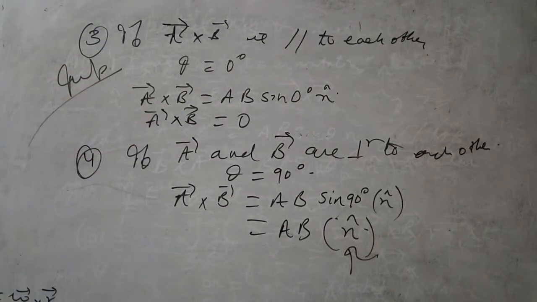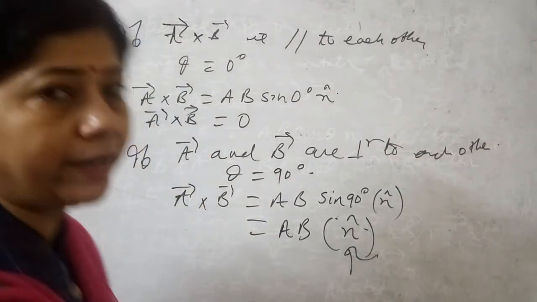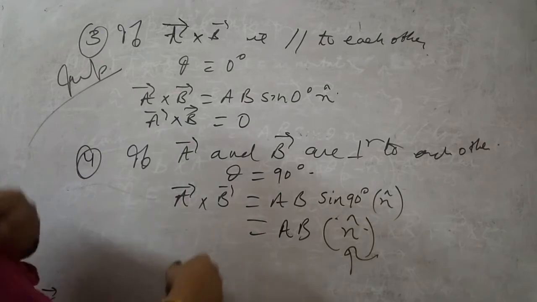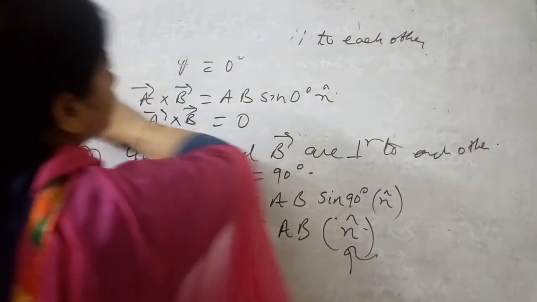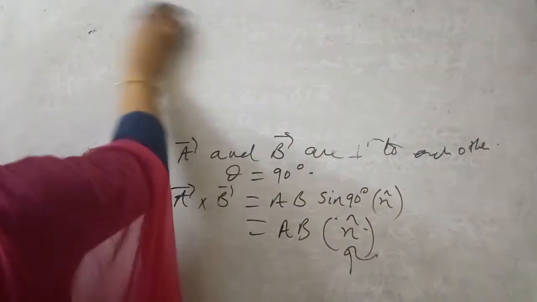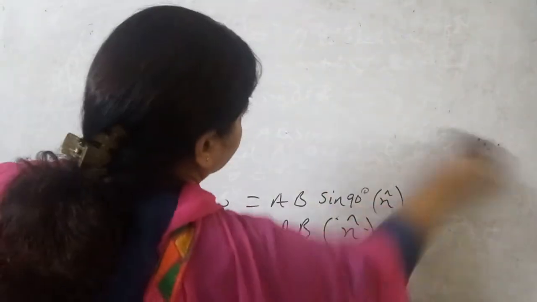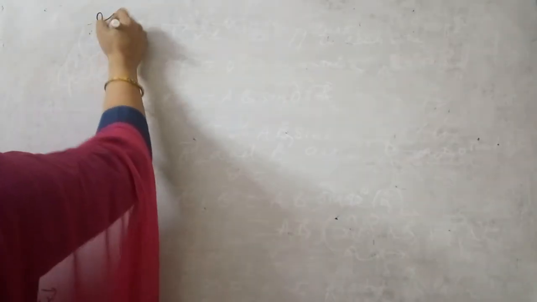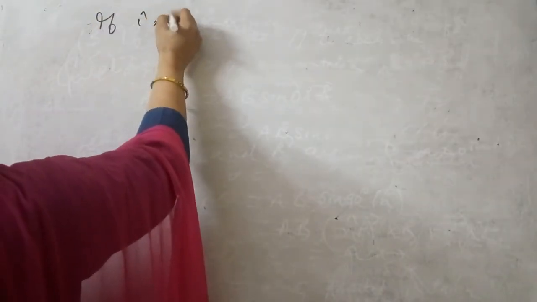Now based on this, we are going to apply the same thing for the unit vectors. Let us see how we get it for the unit vectors. So let us start with the unit vectors. We have, if I take the first one, I caret cross I caret.